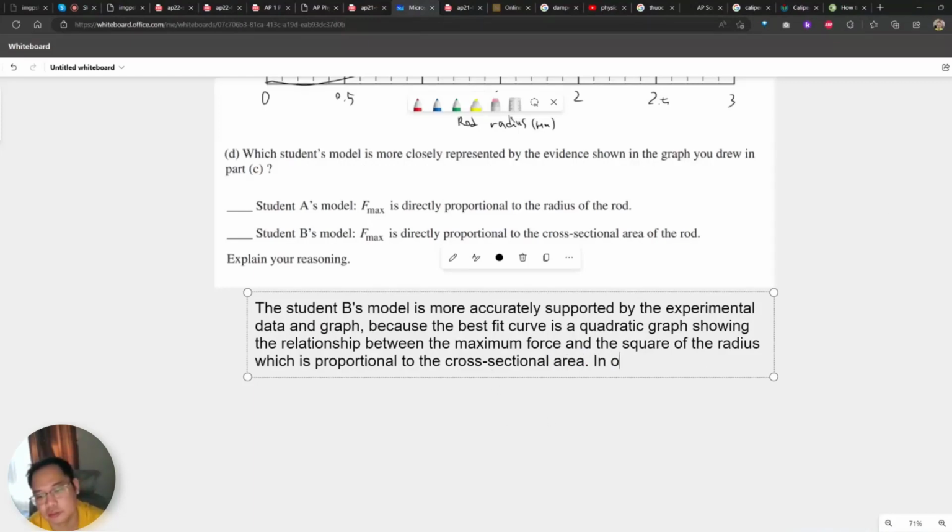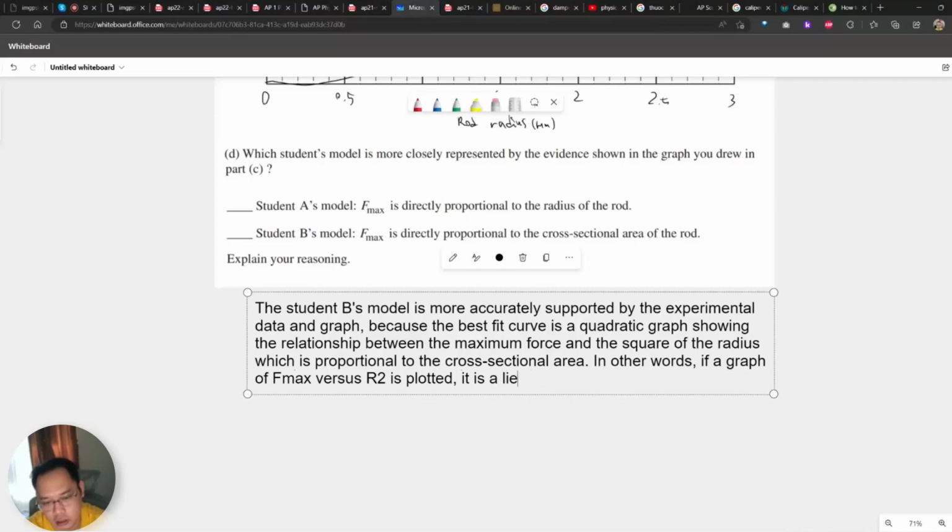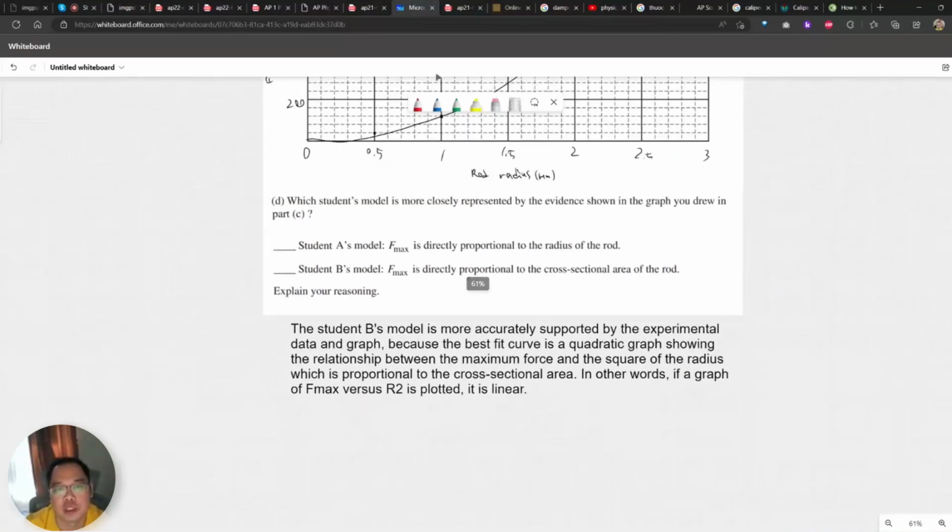In other words, if a graph of the maximum force Fmax versus r squared is plotted, it is a linear graph. Done. Question 2.